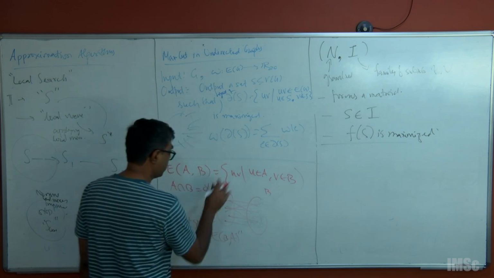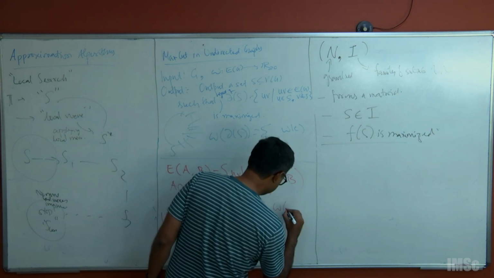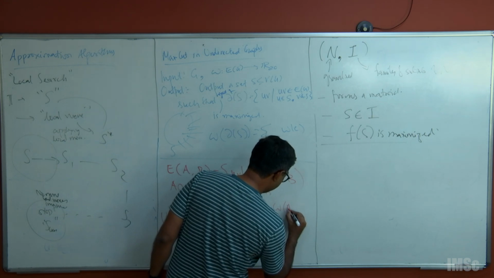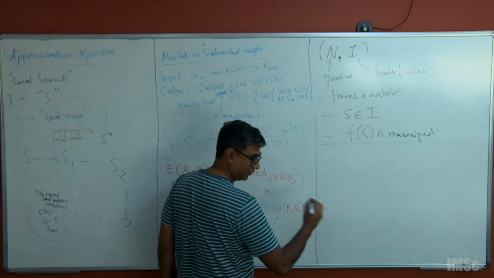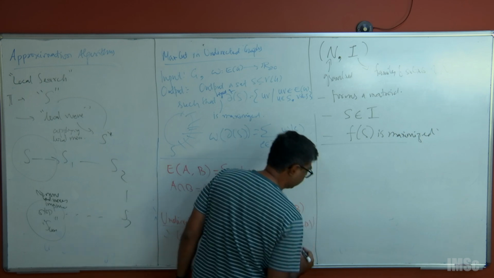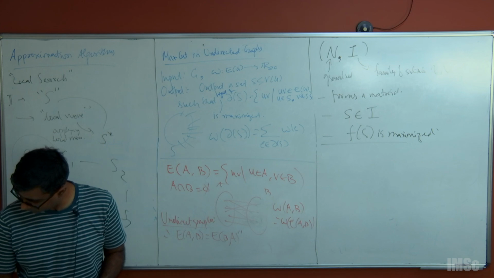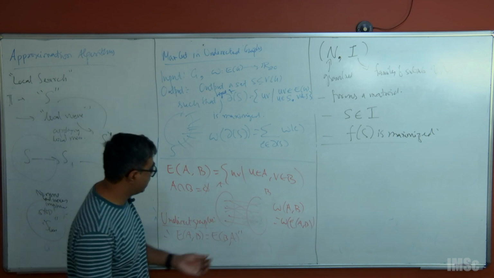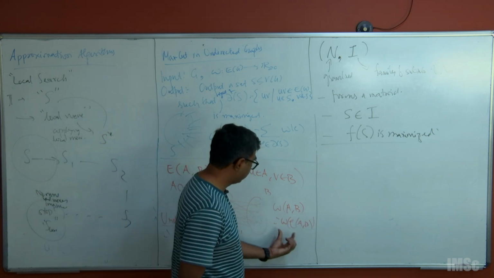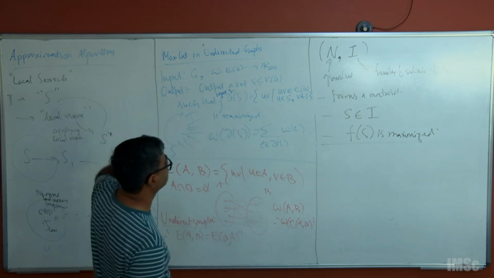Then I will write w(A, B) to mean the weight of the edge set E(A, B), just as a shortcut. So w(A, B) will mean the weight of edges in the set E(A, B). This is the set of notation.